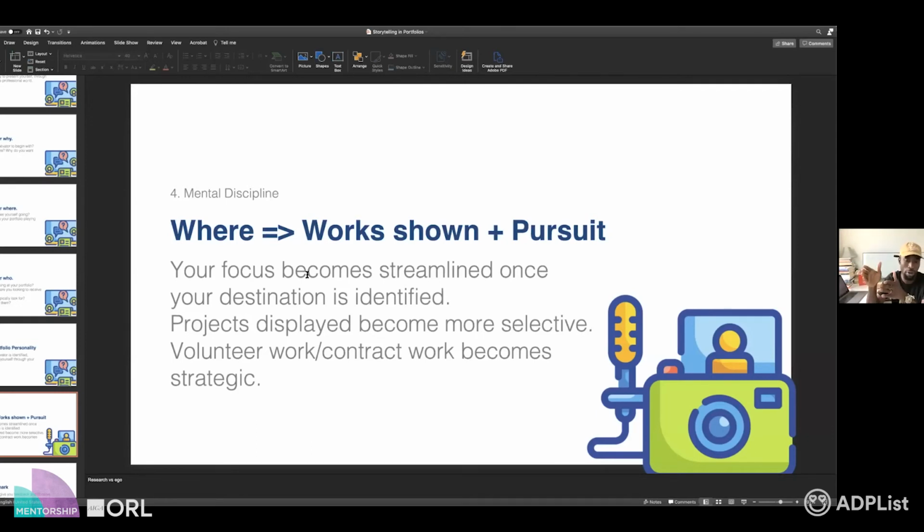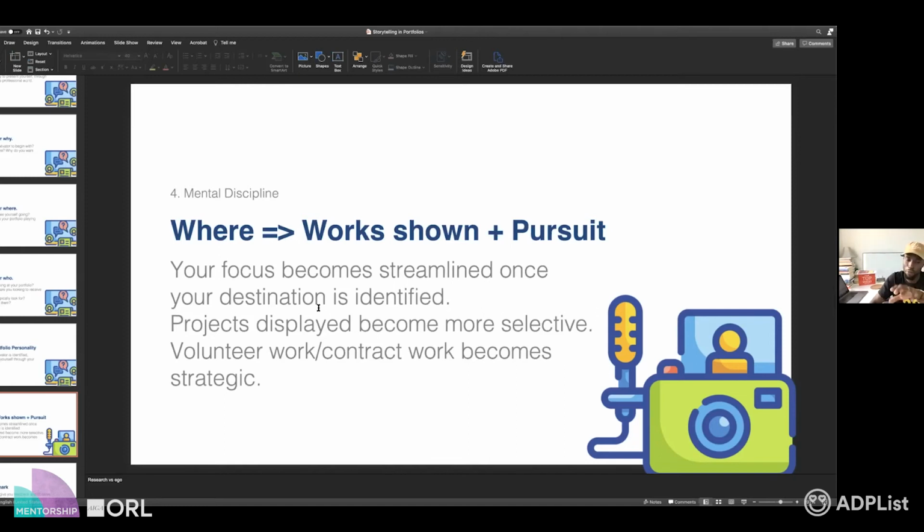And then the pursuit part is really what jobs you're going to be applying for, what opportunities you're going to take, because there are free opportunities there, unpaid internships and paid, and there are charities and volunteer work. So there are a lot of opportunities that you can be a part of or take advantage of, but identifying where you're going will dictate what opportunity you join as you're walking this journey.